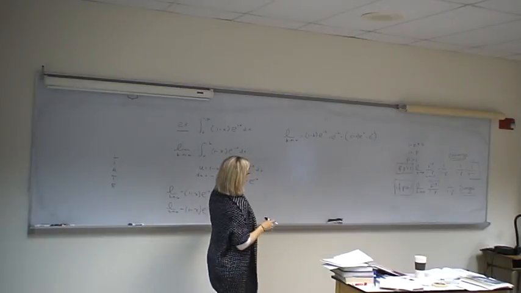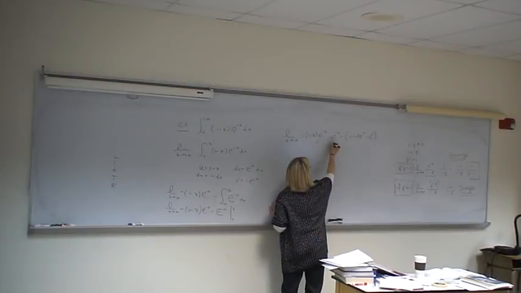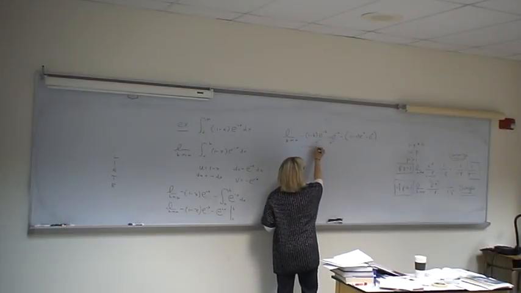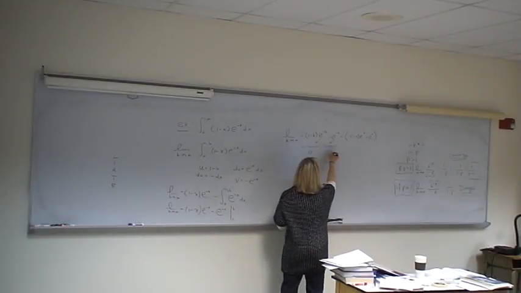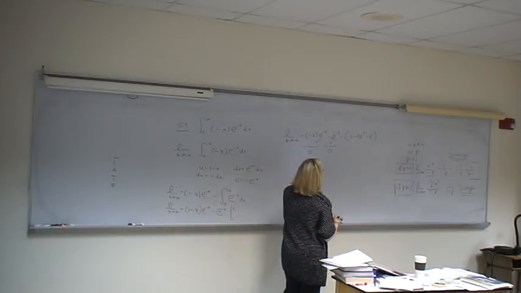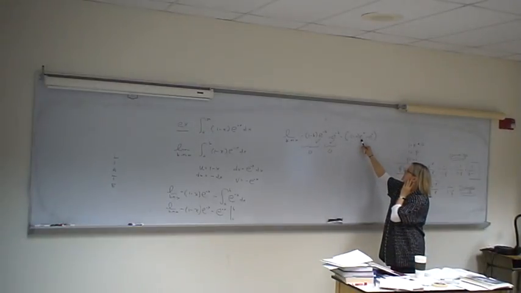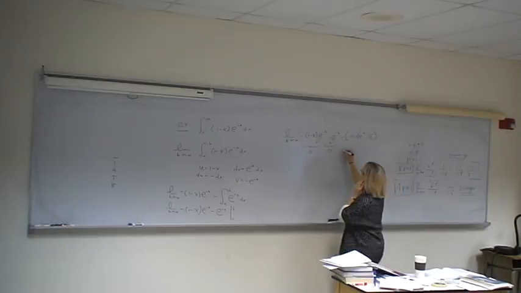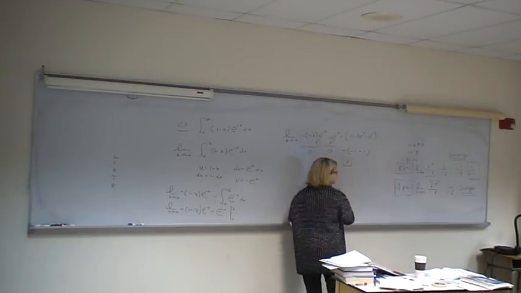Since b is going to infinity, the b drops down to the denominator, and these go to 0 because b is getting really, really large. Now I have 1, minus 1, but in front I have a minus, so it'll go to 2.